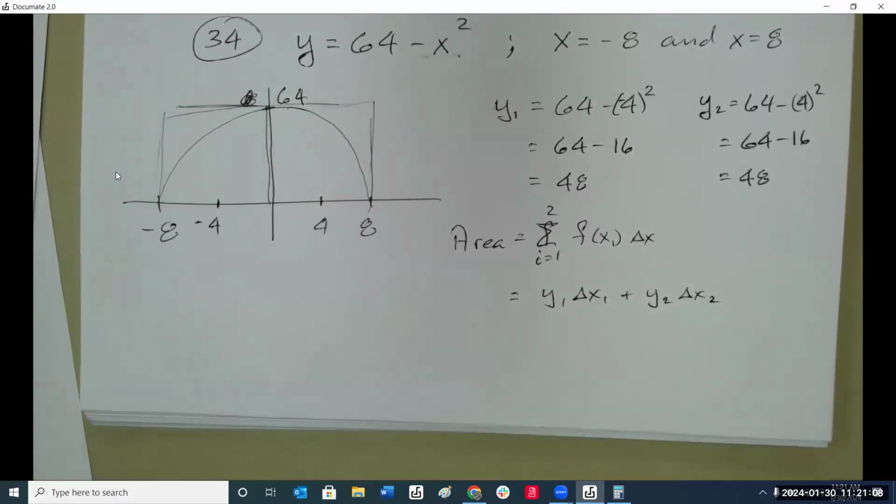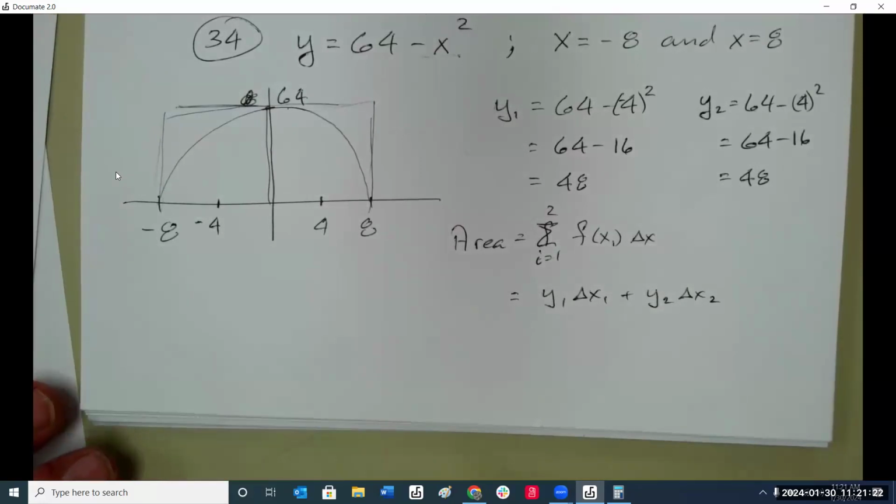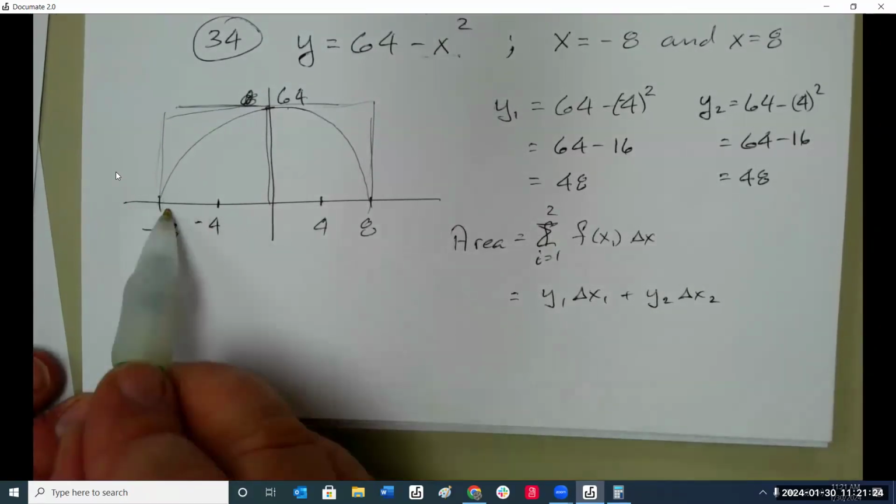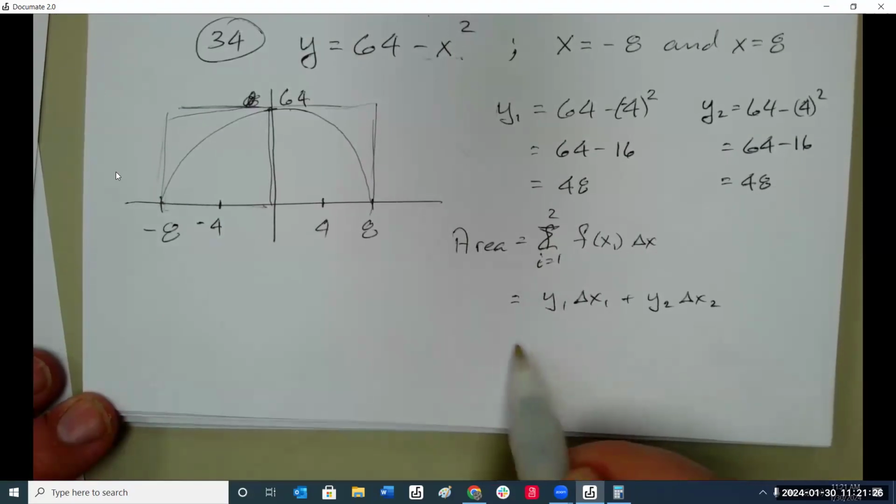What is our delta x? Delta x is 8, because that's the width with two rectangles.